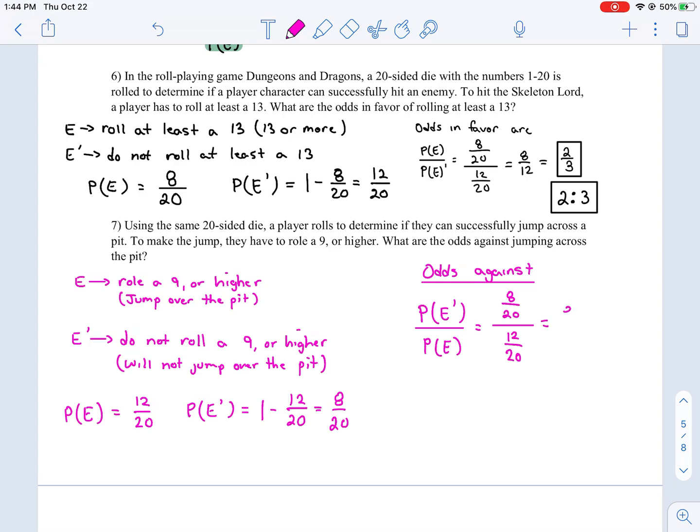Look at that. So you can write the odds as 2/3, or you can write the odds as 2:3. And we are done.